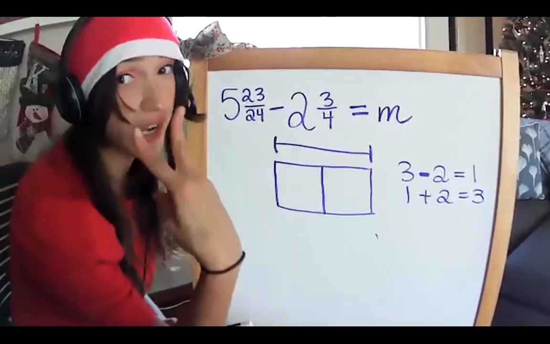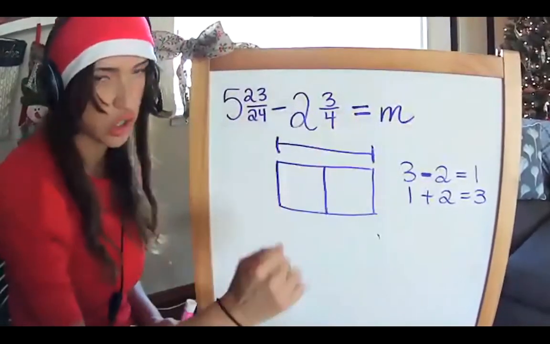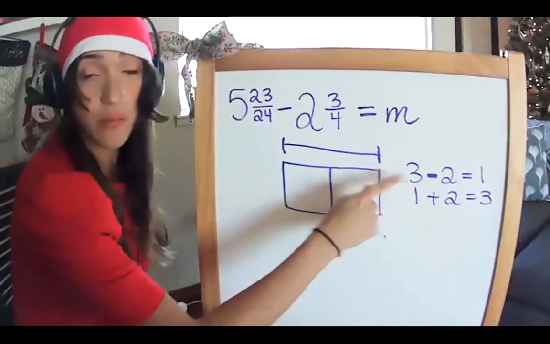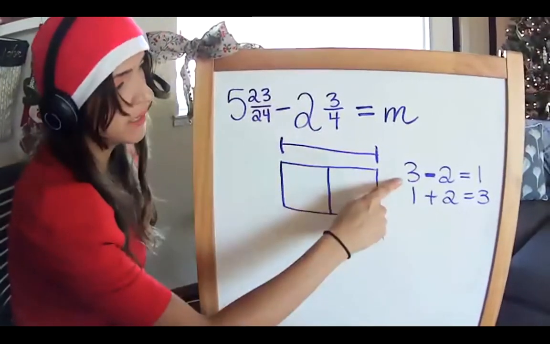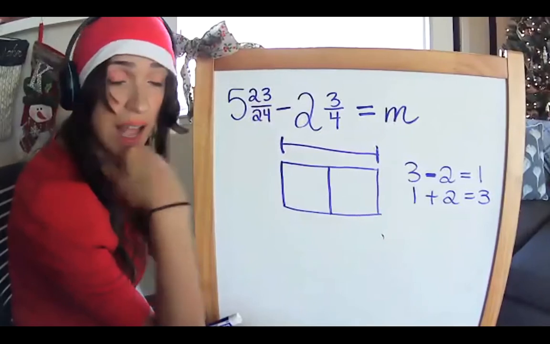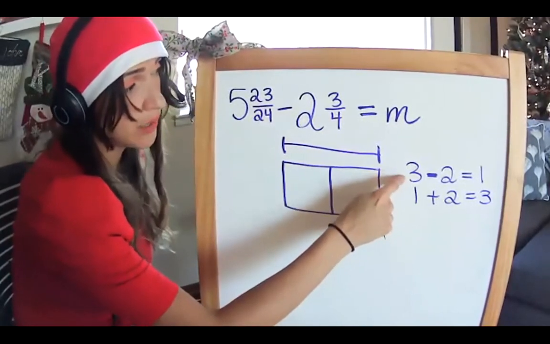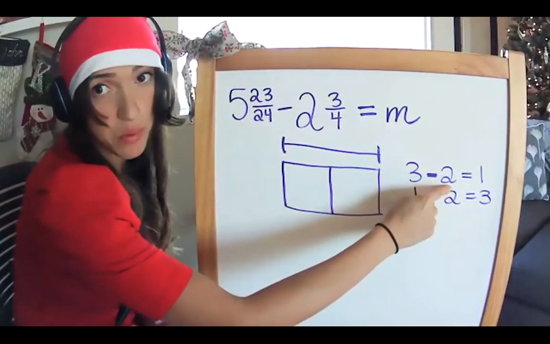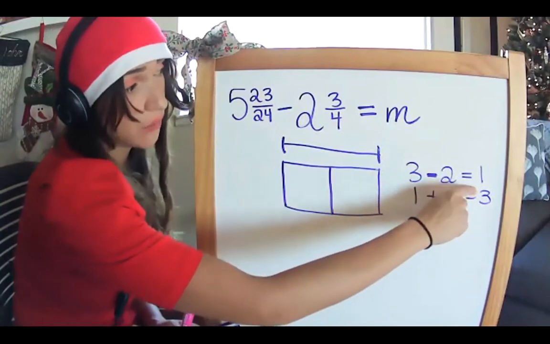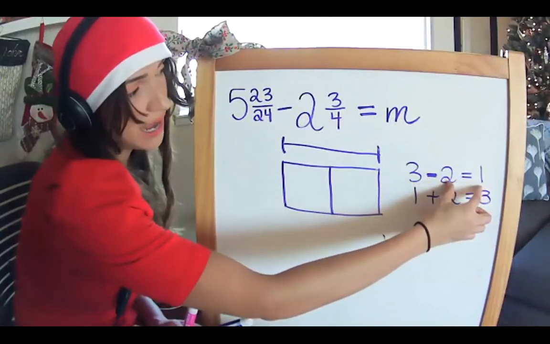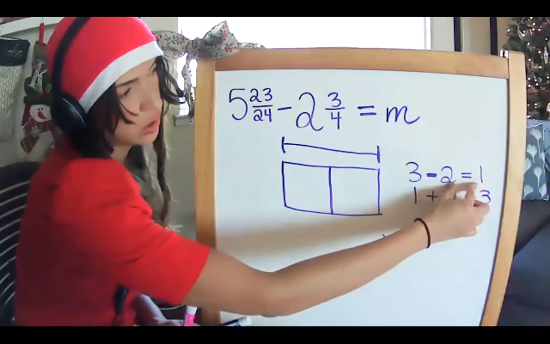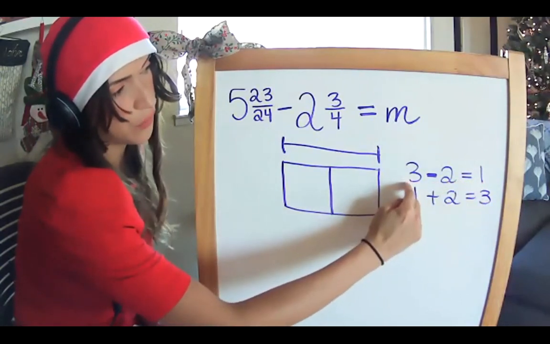All right, watch again. Magic trick. So the biggest number, I had a giant number 3 and I took a smaller number of 2 away and I had a remainder of 1. If I add those 2 smaller numbers, 2 and 1, I will get 3 again.